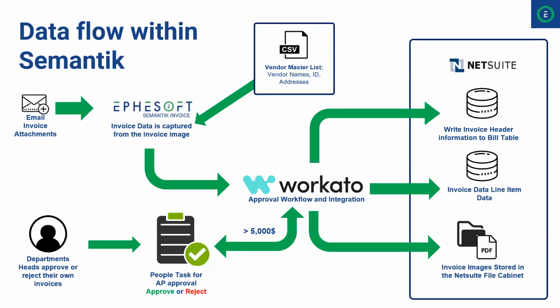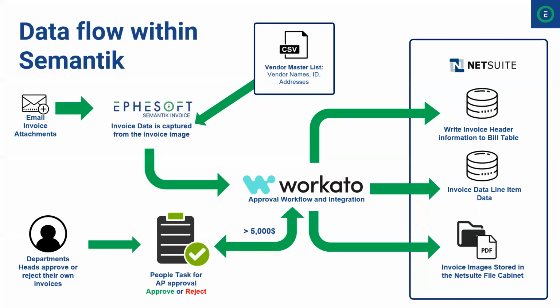That's where all the real intense AI and data capture is happening inside Ephesoft Semantik. And we can import the vendor master file, which is usually a very critical part to assigning the correct invoice to the right vendor inside my vendor master. So I'll talk a little bit about that and show that.